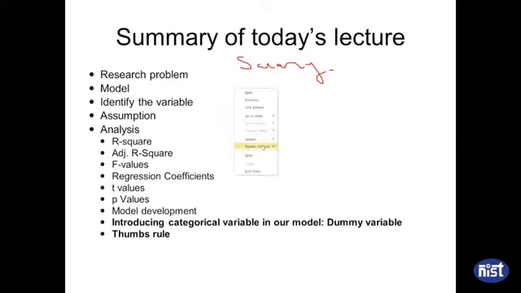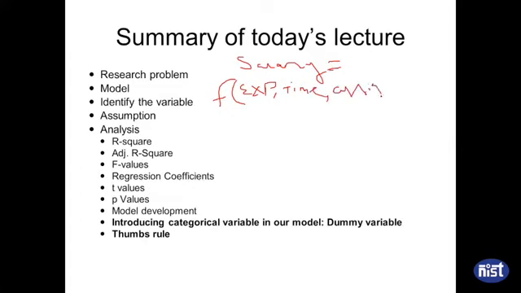So I have taken some variables: salary is a function of, number one, your experience; number two, your time spent in the organization; number three, assignments you have taken; number four, your qualification; number five, your written score and interview score. Just 5, I am taking.